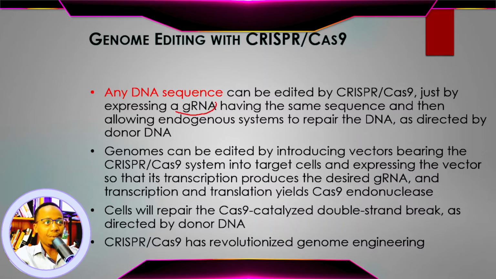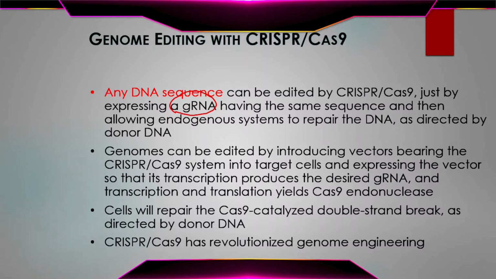You just have to express a guide RNA with the same sequence, and then you add the Cas9, and then we can go ahead and target it. And again, CRISPR-Cas9 has revolutionized the genome engineering field, and a lot of people are looking at it to see all of these life-changing things that CRISPR-Cas9 is doing.